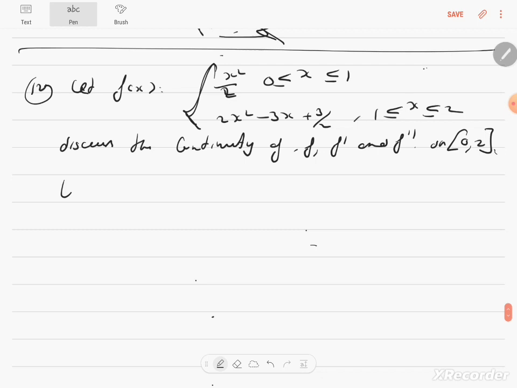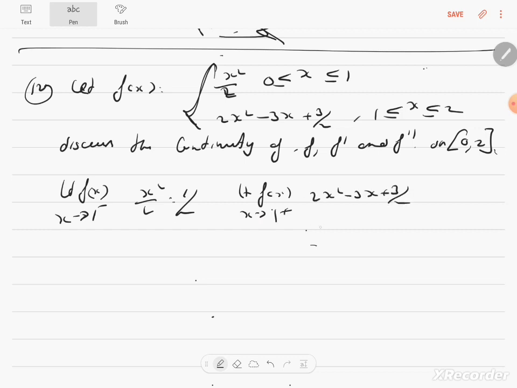Limit of f of x as x tends to 1 from the left: the formula is x square by 2, direct substitution gives 1 by 2. Limit of f of x as x tends to 1 from the right: the formula is 2x square minus 3x plus 3 by 2. Substituting 1, you get 2 minus 3 plus 3 by 2, which is minus 1 plus 3 by 2, which will be 1 by 2.